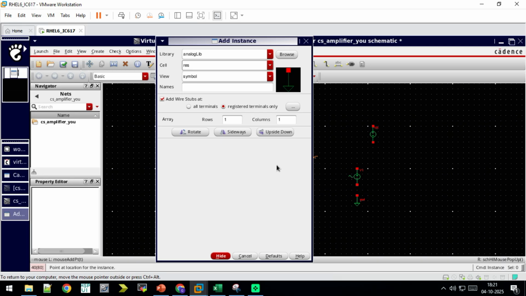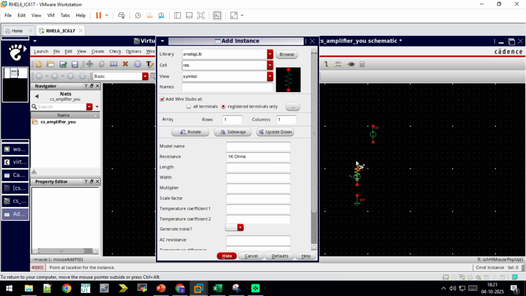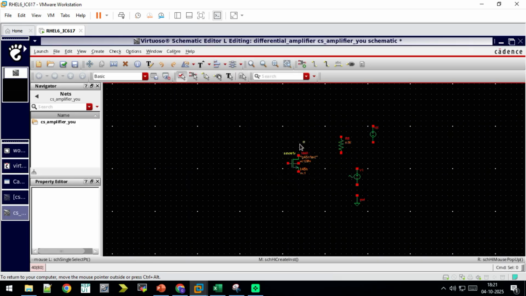I'm taking the resistor from the analog library itself. Actually, it has to be taken from the PDK itself, but I'm taking it from the analog library. So it is a generic resistance that I am using here.